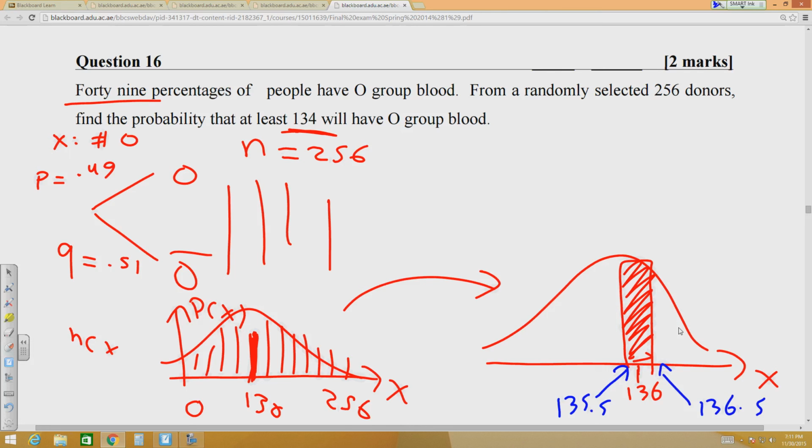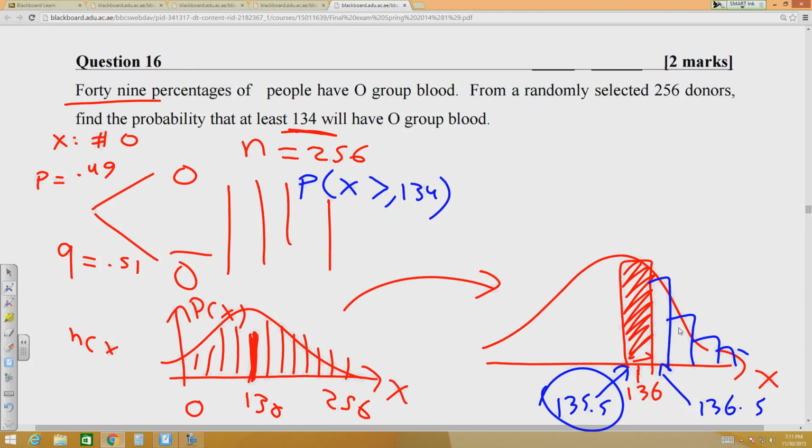So that's it. But by the way, in our example, it doesn't say 134. I'm just telling you if it asks for 134, at least means 134 and above. So we need this bar, and this bar, and this bar, all of them. So we're starting all the way from 135.5 to the end. That's why a question like this, if you write it in discrete terms, probability that x is greater than or equal to 134, that's a binomial.